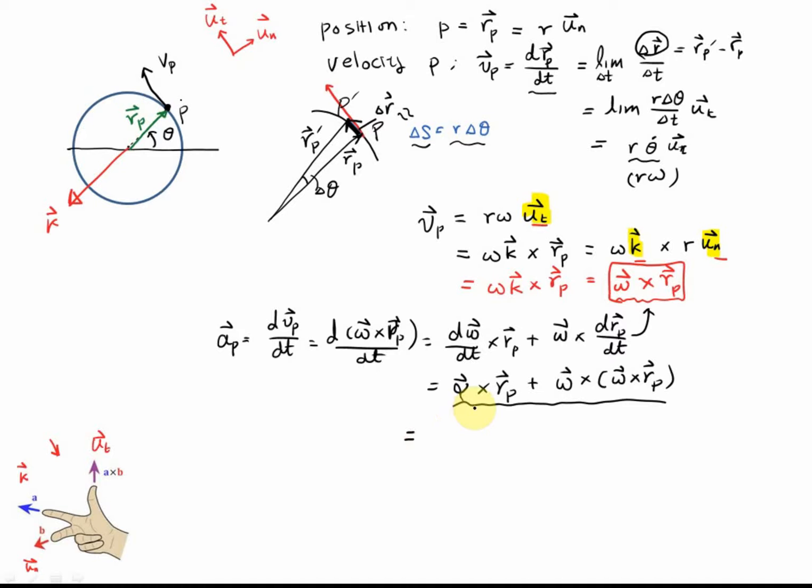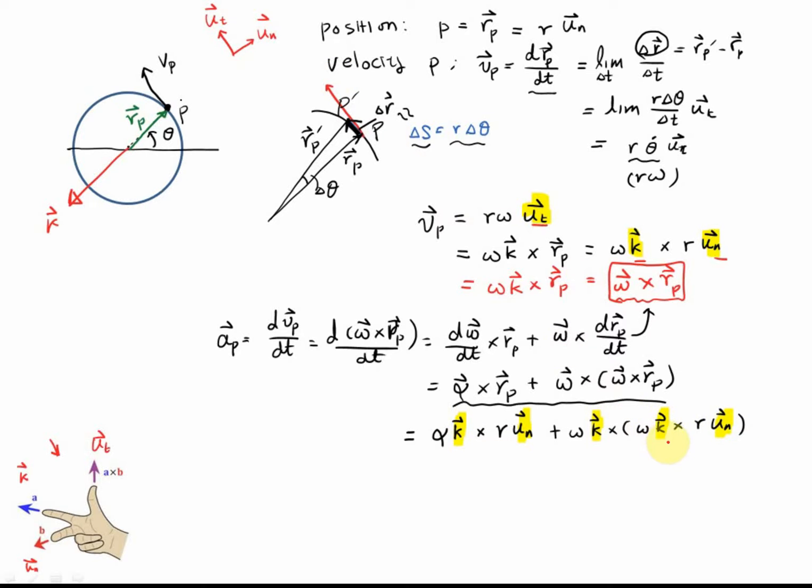If the alpha vector is written using the unit vector, alpha vector is alpha k, cross product r un, plus, as we said before, omega k cross product omega k cross product r un. Then just look at k and un.